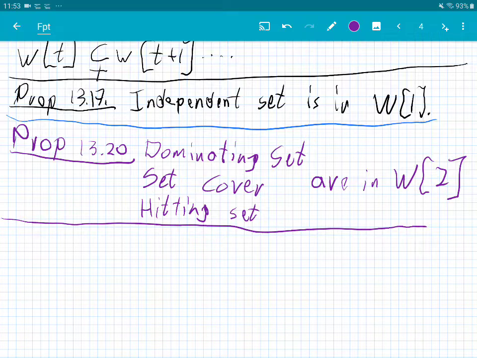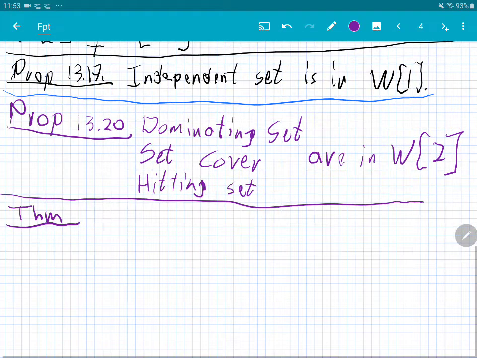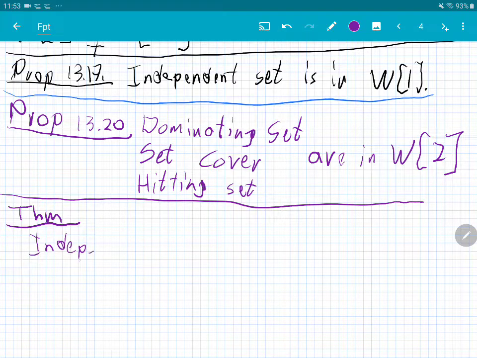In particular, I'm not going to show the theorem, so probably it requires quite a bit of work, but it's quite surprising. Is W1 complete?